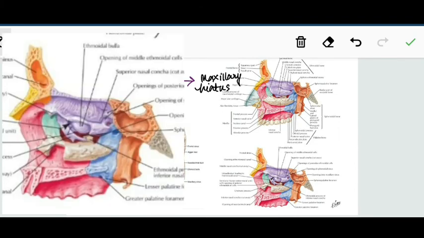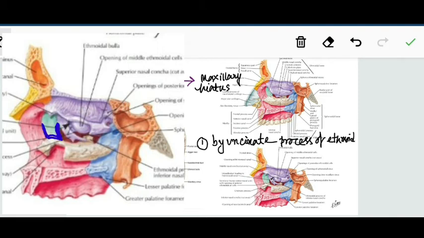Number 1, the uncinate process of ethmoid.